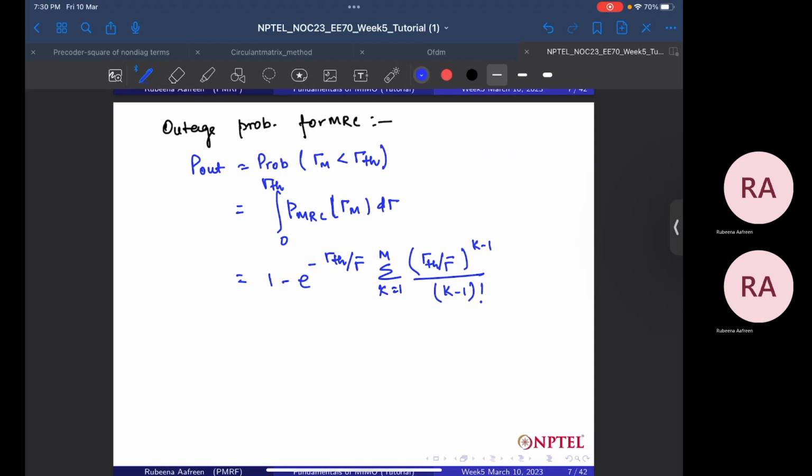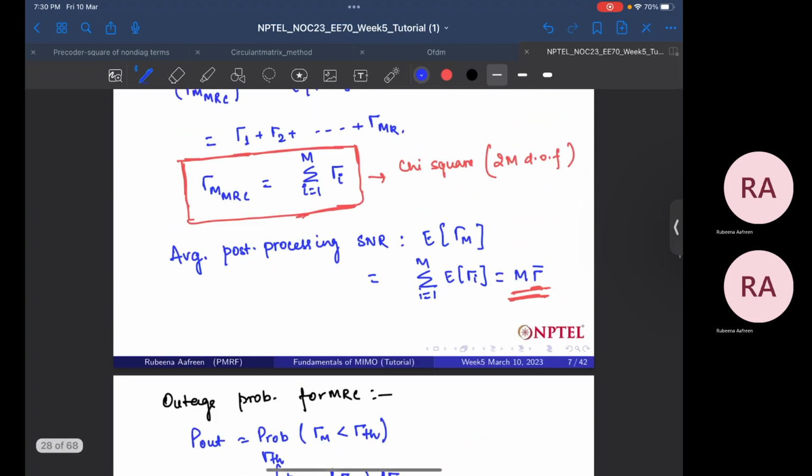Okay. So here we have seen in MRC that this SNR is increasing linearly in MRC, right?